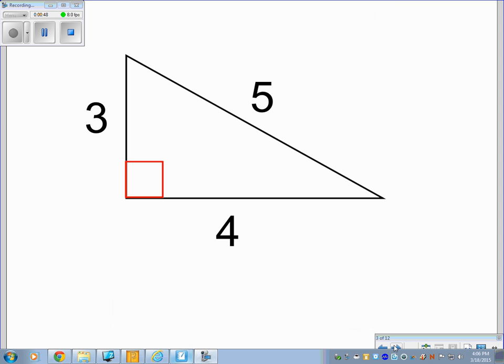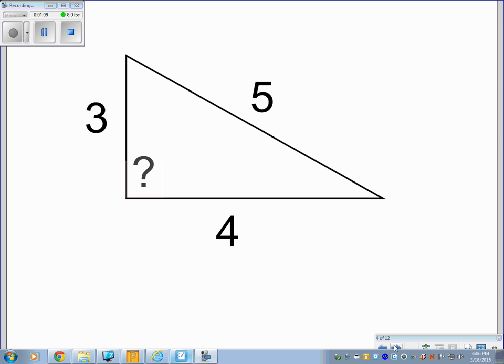When we have a triangle, we have four different aspects of it we can look at: two legs, one hypotenuse or one longer side, and an indicator of whether or not it is a right triangle. Any of these could be missing in a given problem. The first one we looked at had the box absent.